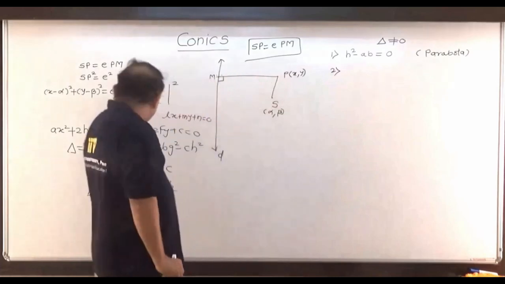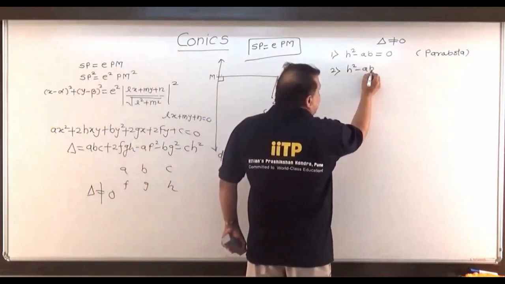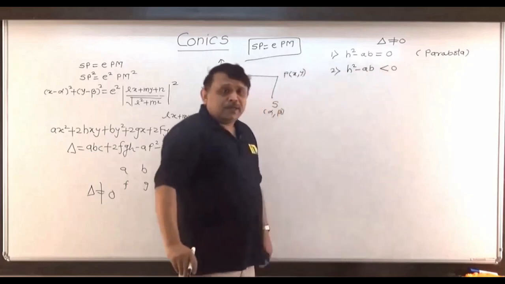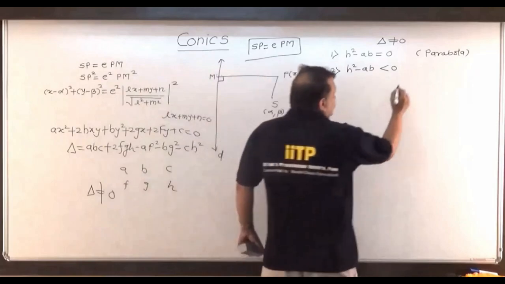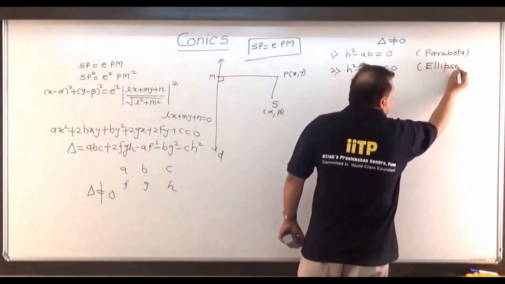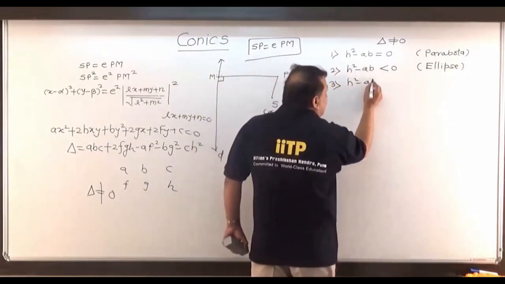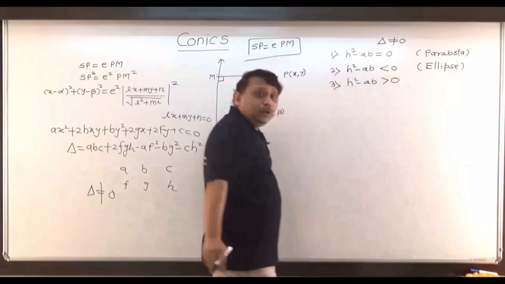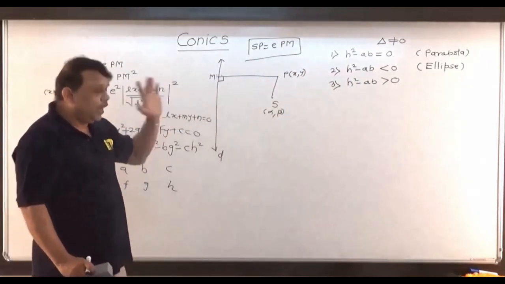Second, if h square minus ab is less than 0, then this equation will represent an ellipse. And number 3, if h square minus ab is greater than 0, then this equation will represent a hyperbola.